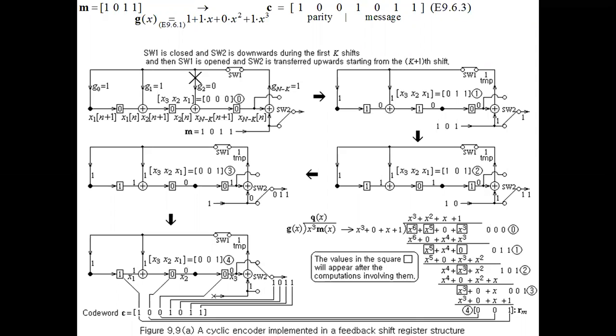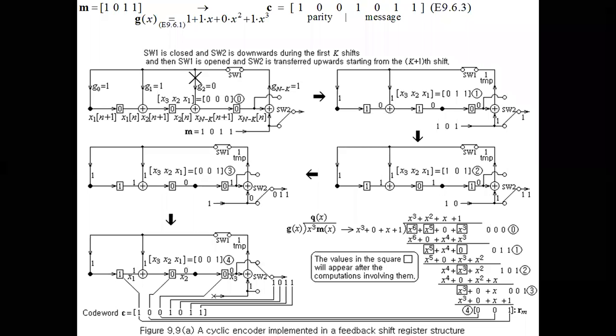The vector form 1, 1, 0, 1 is converted as 1 into x to the power of 0 plus 1 into x to the power of 1 plus 0 into x to the power of 2 plus 1 into x to the power of 3. Do you understand?